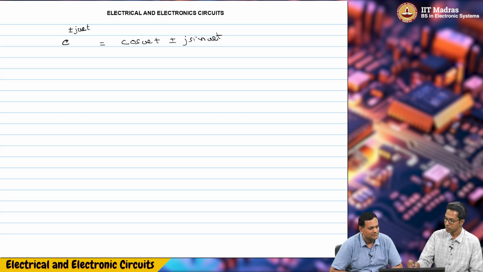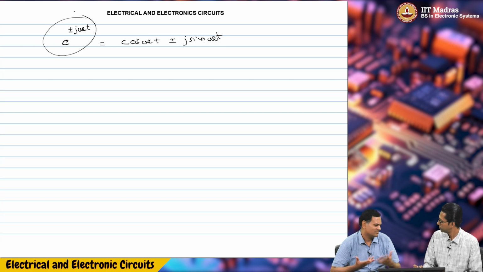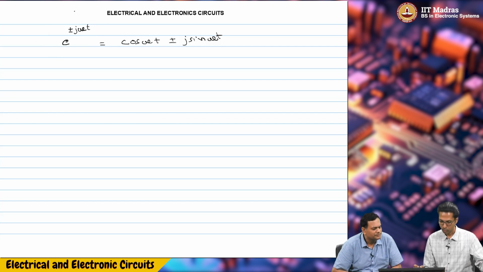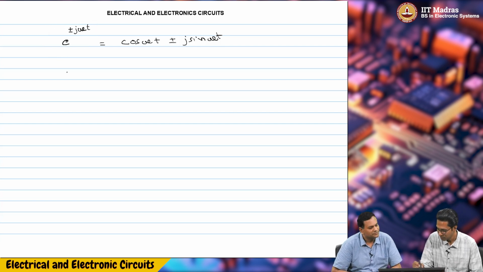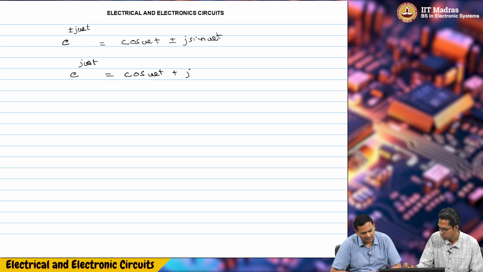So that means I can rewrite to get cos omega t. Maybe for ease of writing, I'll write separately. e power j omega t is cos omega t plus j sin omega t, and e power minus j omega t is cos omega t minus j sin omega t.